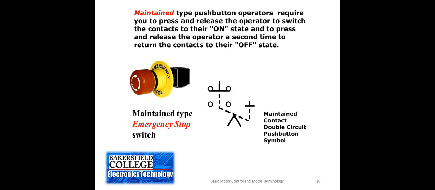For example, like this emergency stop switch, when you push the lever or the button on that device, it mechanically locks into the position that you want it to be in. And then sometimes we have to turn it or pull it or put a key into it to have it return to its normal condition. So maintained means that it stays in the position that you place it.